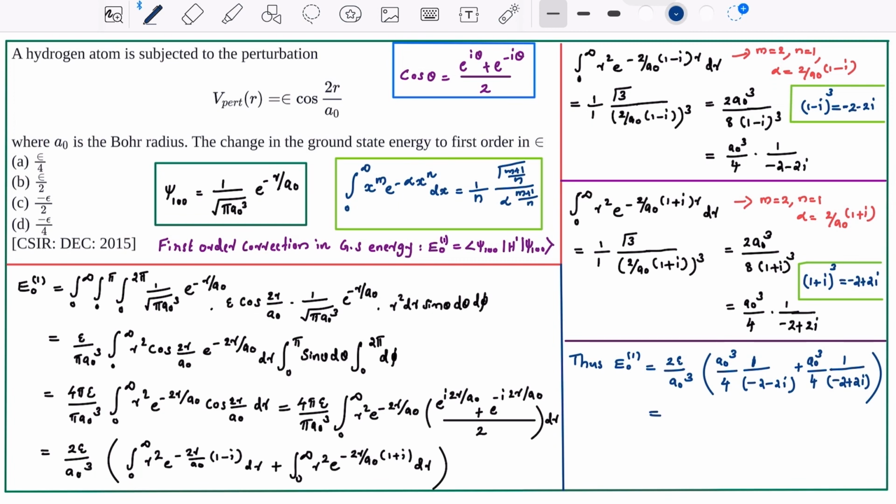Now let us simplify the expression. This is equal to epsilon by 2, then (minus 2 plus 2i minus 2 minus 2i) divided by the denominator.